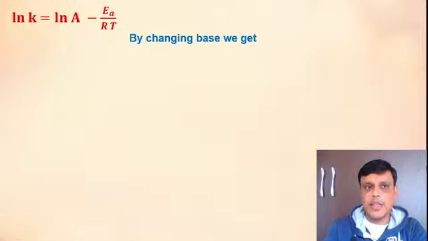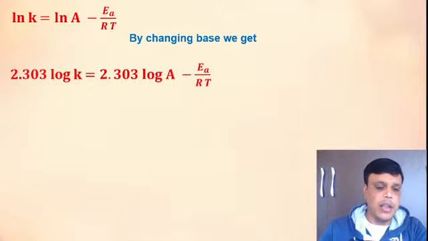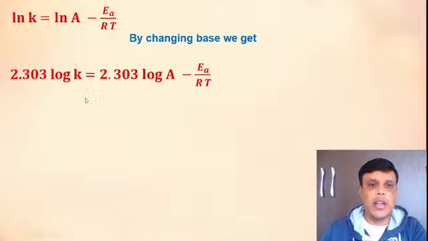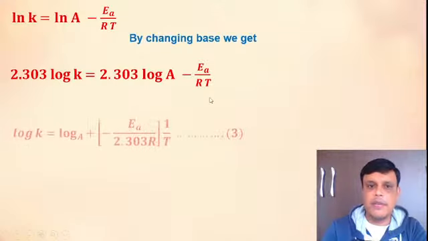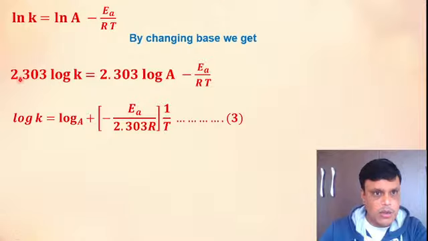Now we will change it to base 10. We will change ln to log, so 2.303 log k equals 2.303 log A minus Ea by RT. This we will get, and after rearranging this, we will transfer this 2.303 to this side.